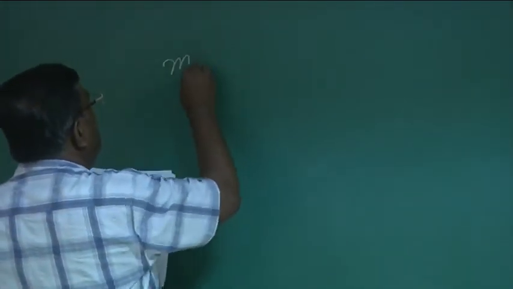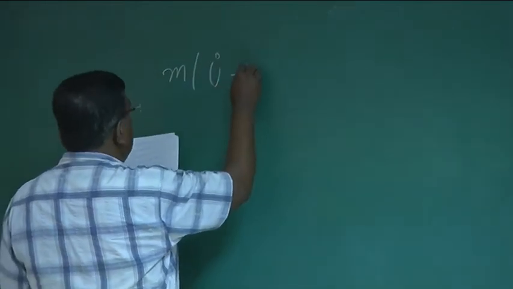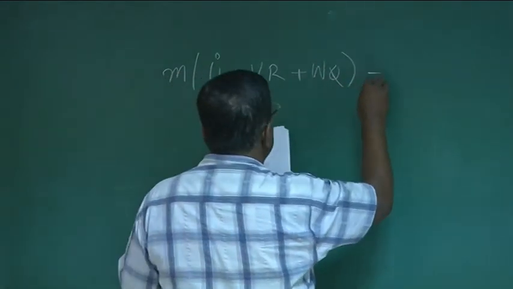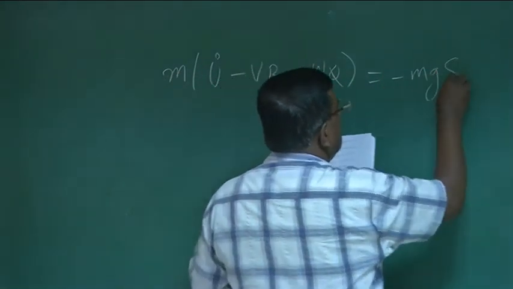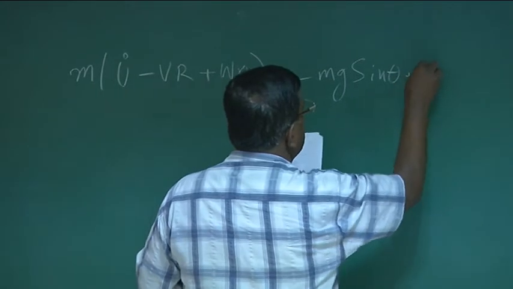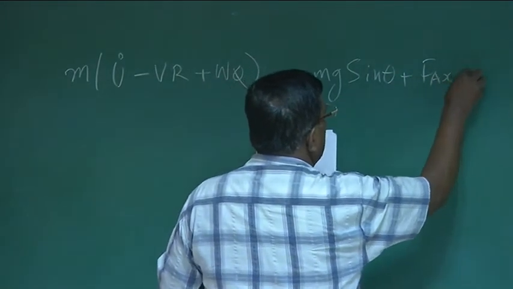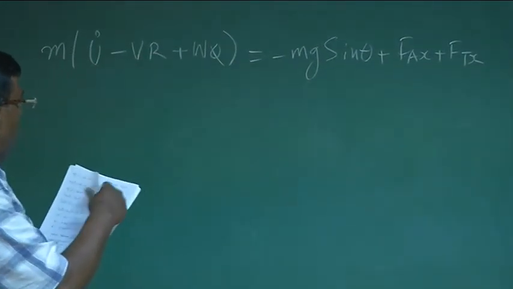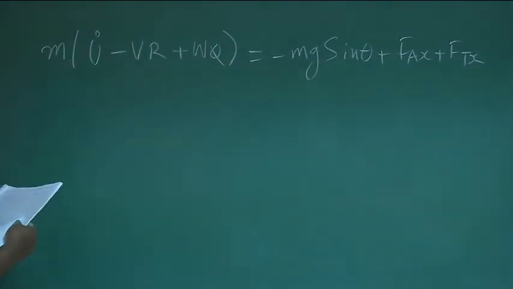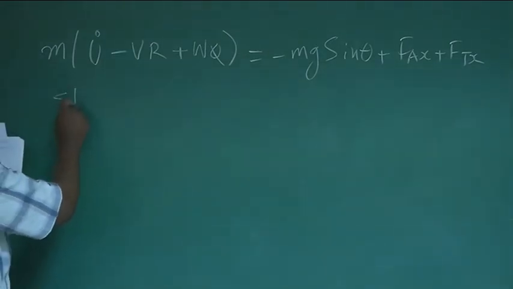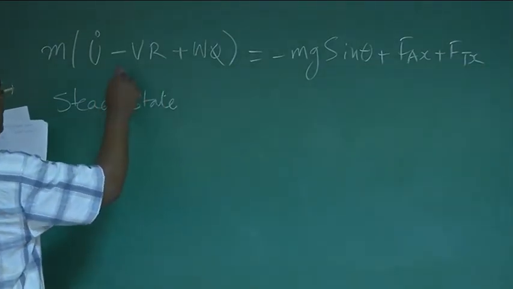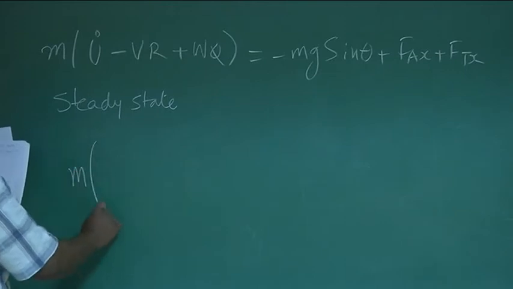Let us see, m times u dot minus Vr plus Wq equal to minus mg sine theta plus Fax plus Ftx. Right? Let us try to see what this means when you talk about the steady state equation of motion. If I am talking about steady state, then u dot will become 0.